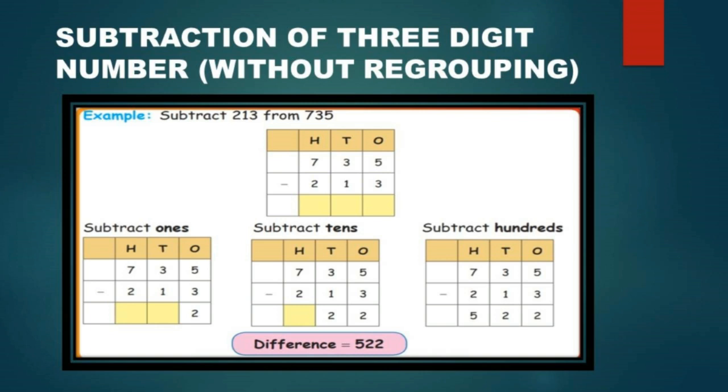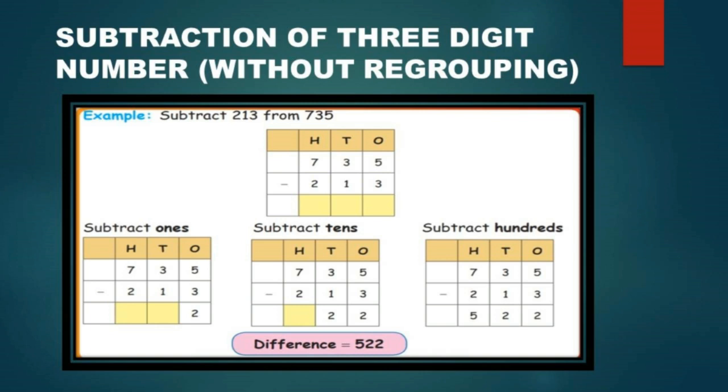Children, now we are going to see about subtraction. Subtraction of 3-digit numbers without regrouping. Without regrouping means without borrowing. Let us see one example for this subtraction without regrouping.